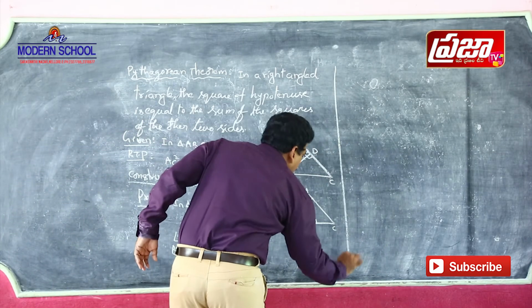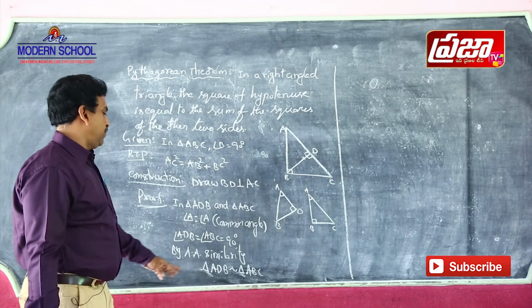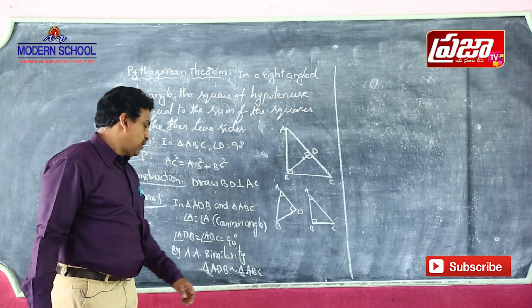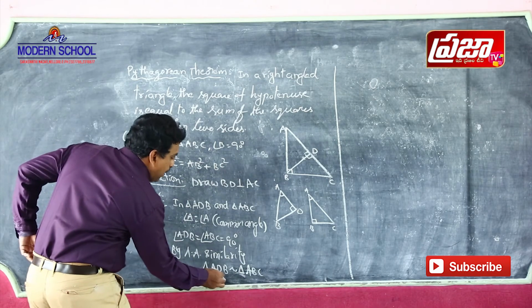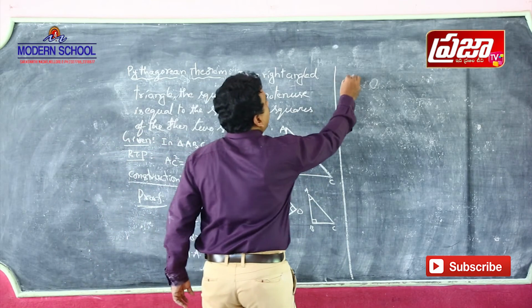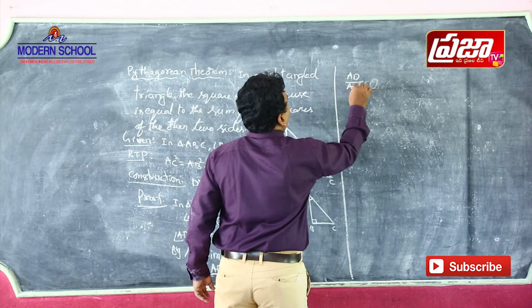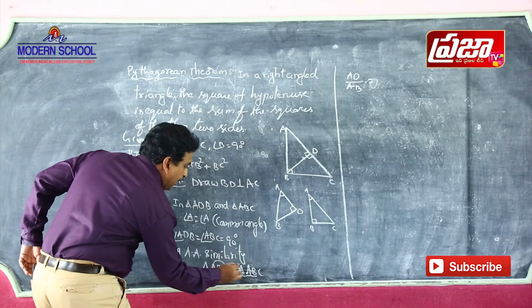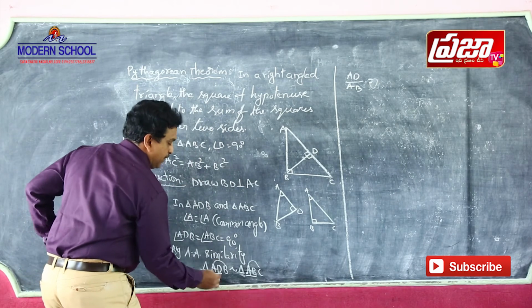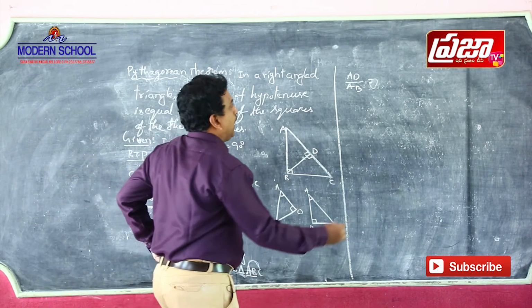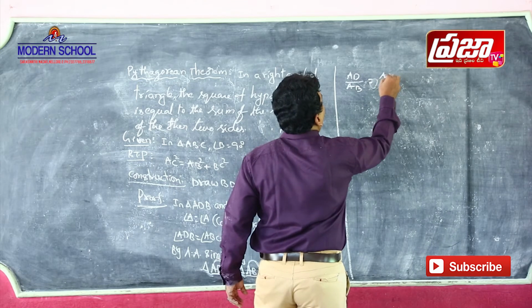You know well that if two triangles are similar, their corresponding sides are in proportion. AD, its corresponding side is AB: AD by AB is equal to, if you take AB, its corresponding side AC: AB by AC.